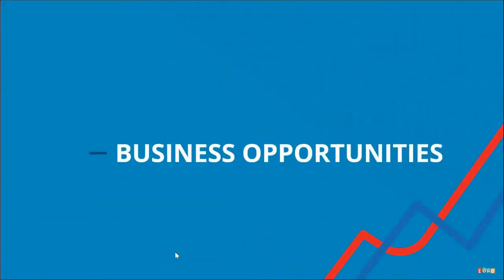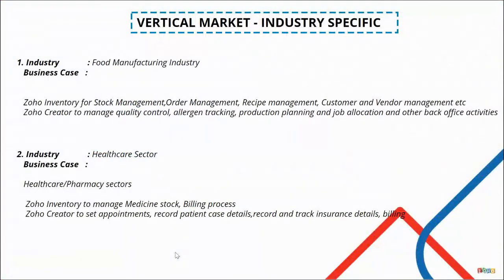So let's also discuss some of the business opportunities. Within the vertical market, which is industry specific, we could focus on the food manufacturing industry and the healthcare sector. Within the food manufacturing industry, with Zoho Inventory, you can handle the stock, orders, recipes, customer and vendor transactions and all that.